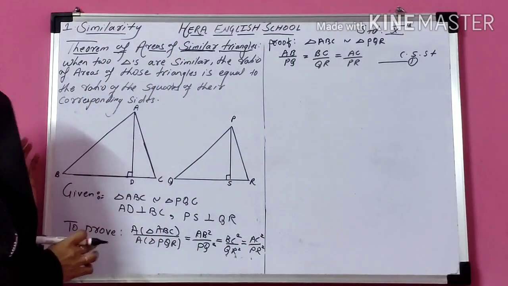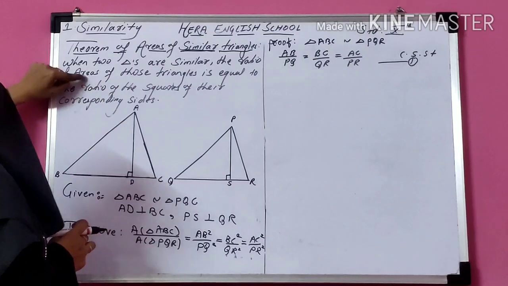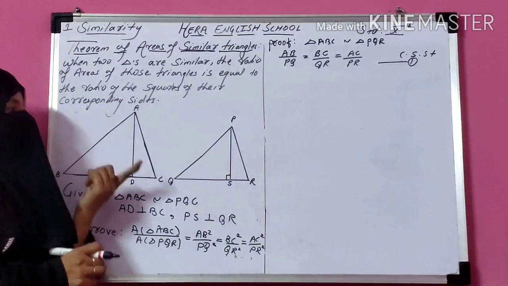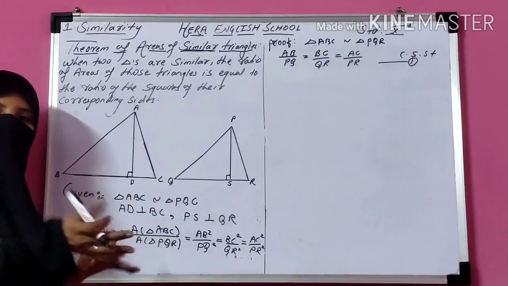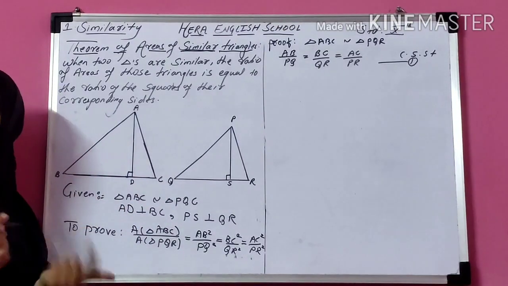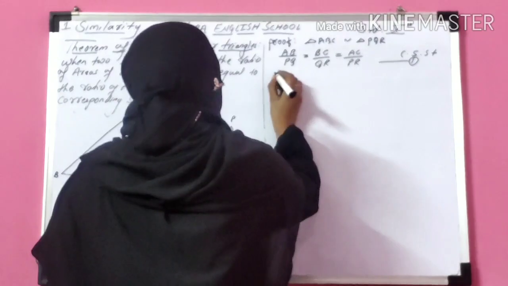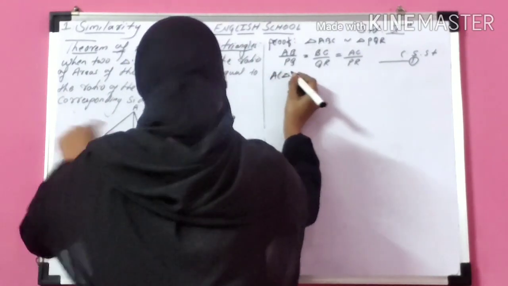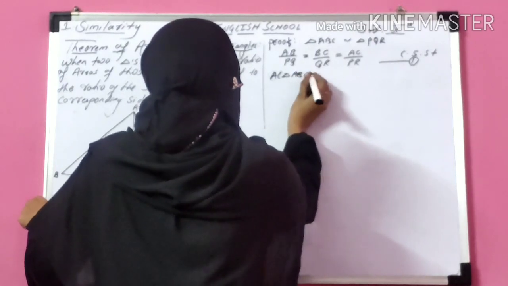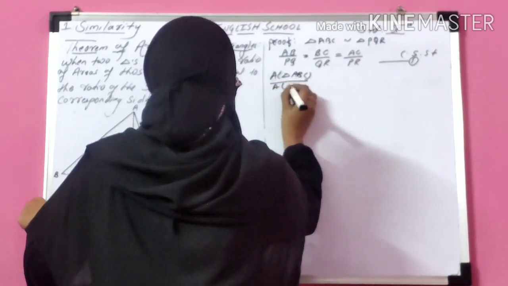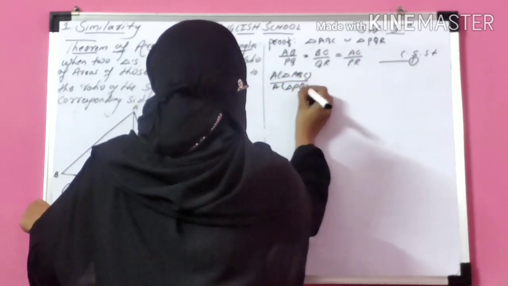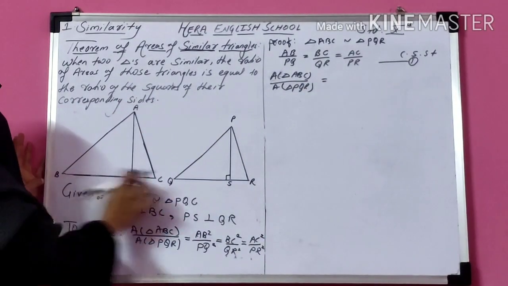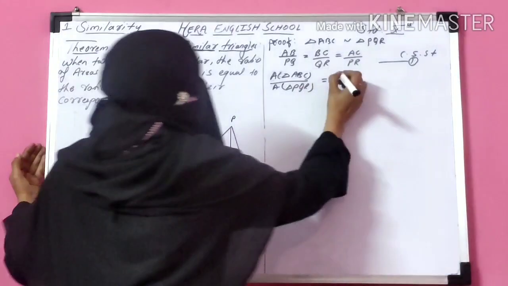Now the next thing, ratio of areas of two triangles. So area of triangle ABC, area of triangle PQR. We have discussed ratio of areas of two triangles is proportional to the product of base and height. So apply: area of triangle ABC upon area of triangle PQR equals BC into AD.